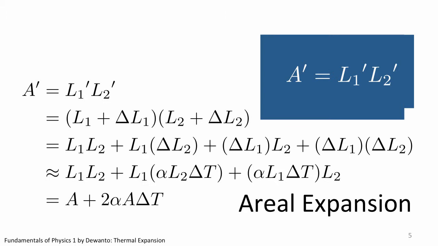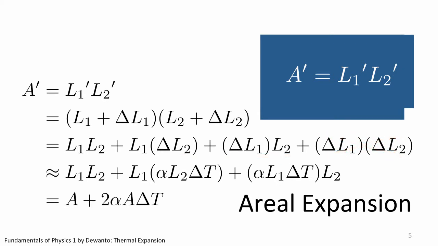The physical reason for doing so is because delta L is typically a very small number, a fraction of the original L. Even a bridge, which is a few hundred meters long, only expands by a few centimeters at most. Now delta L times delta L will be an even smaller number. It will be negligible as compared to the first three terms, which contain L square and L terms. Thus, for all practical purposes, we can neglect this last term.